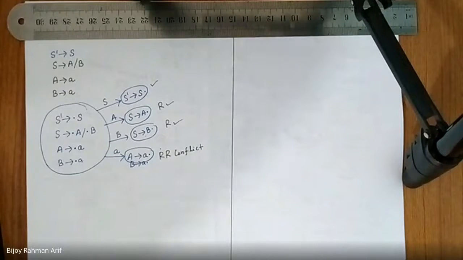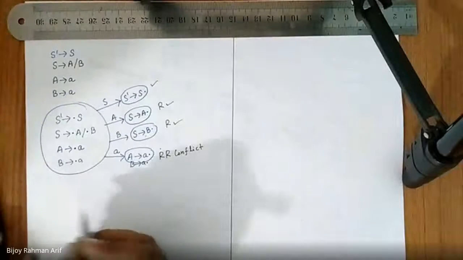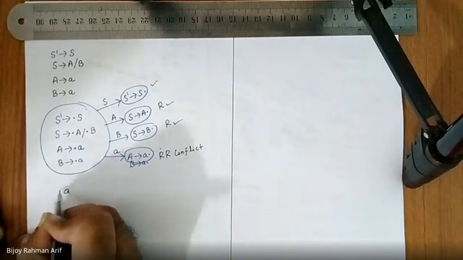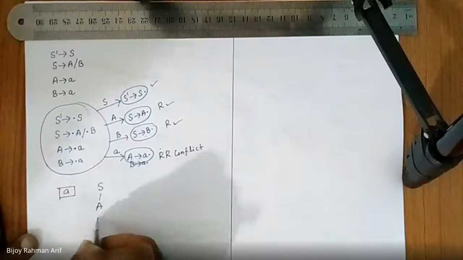Now, what is the reason behind this RR conflict? A derives small letter a and B derives small letter a. What is the specialty about this grammar so that it is actually giving conflict? What is the reason? Because this grammar is ambiguous. How? Let's try to derive a. How can you derive a? S derives A, then you derive a.